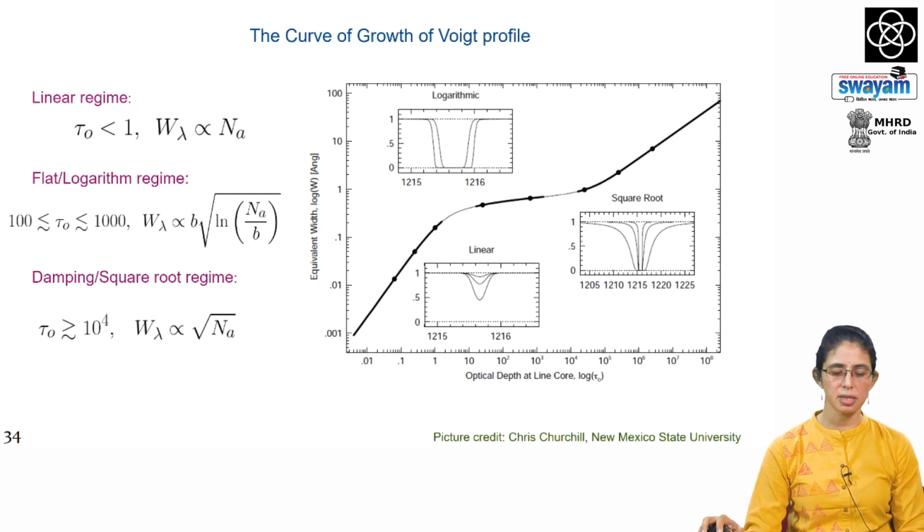When the line is optically thin, then the equivalent width is directly proportional to the abundance. And when the optical depth lies between 100 and approximately 1000, then the equivalent width is proportional to square root of ln of the abundance. For very large abundances, that is when the optical depth becomes much larger than 10,000, then the equivalent width is proportional to the square root of the abundance. So, if one can calculate the equivalent width of the line, this can directly be used to estimate the abundance of the species.